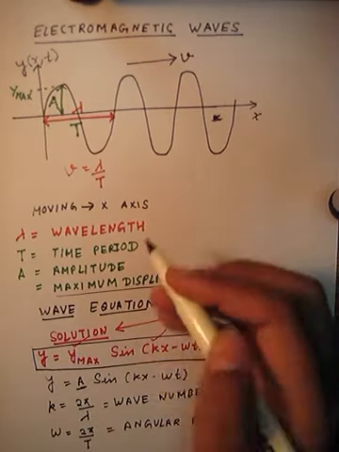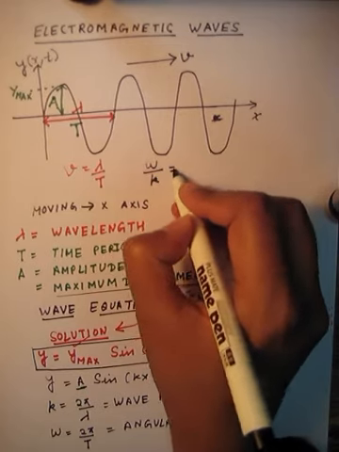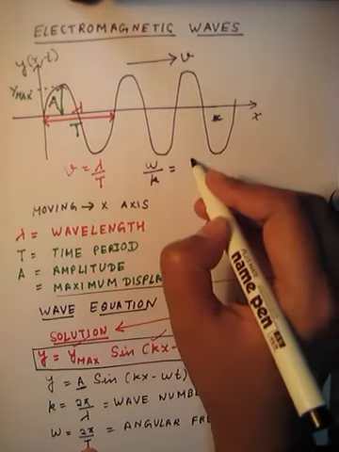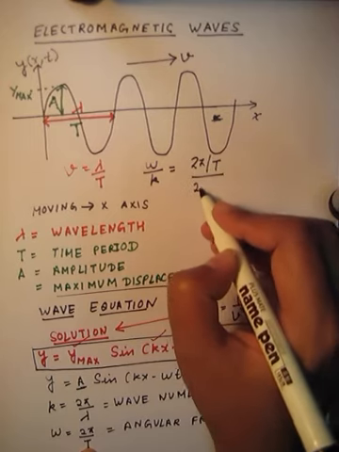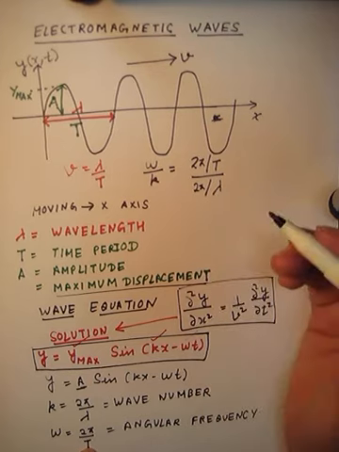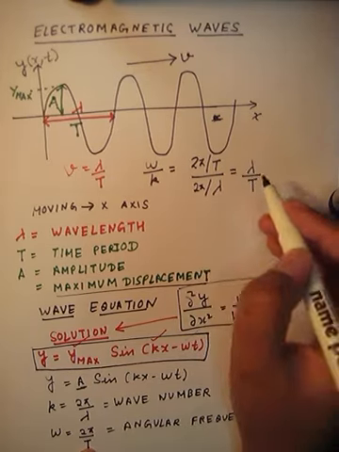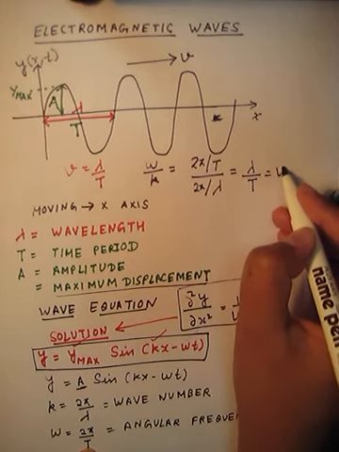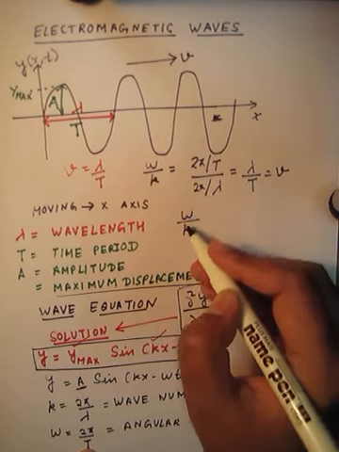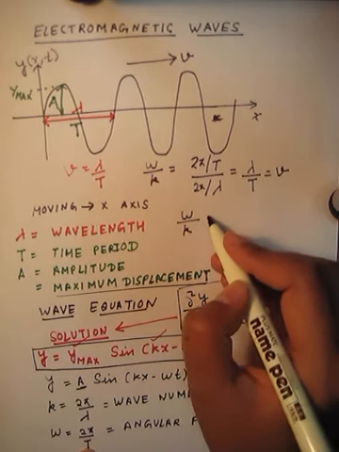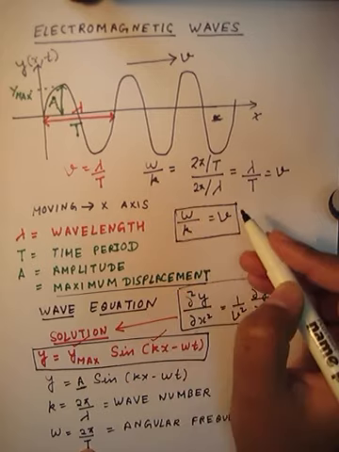And suppose now if we try to divide omega upon k, so let us put the value of omega. Omega will be given by 2π/T, k will be given by 2π/λ. So this gives you λ/T, and λ/T is v. So it means that this ratio of ω/k will give you the value of velocity.